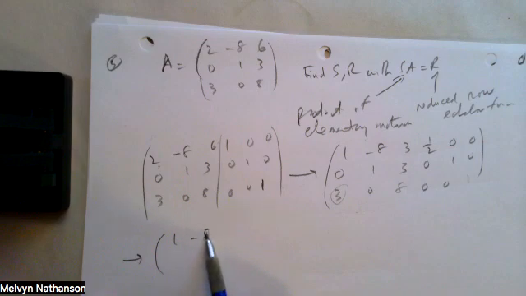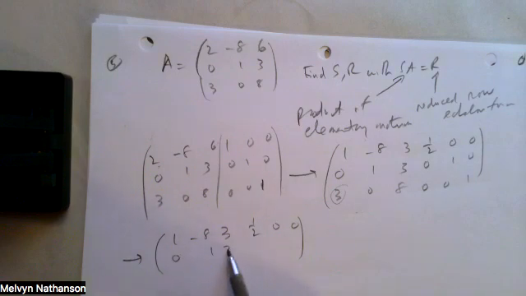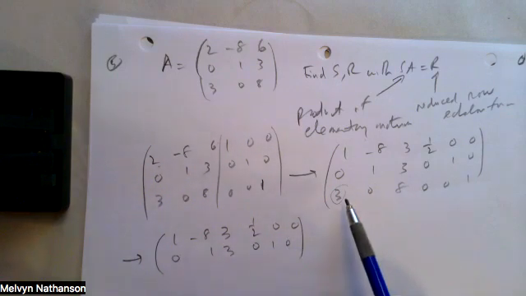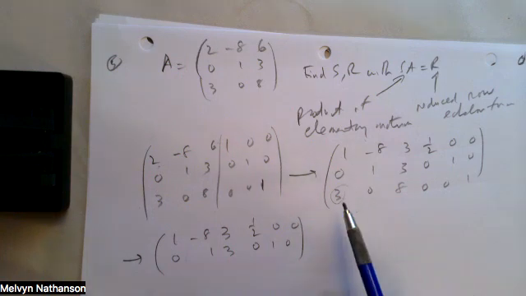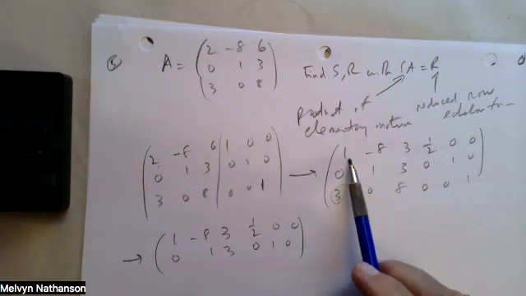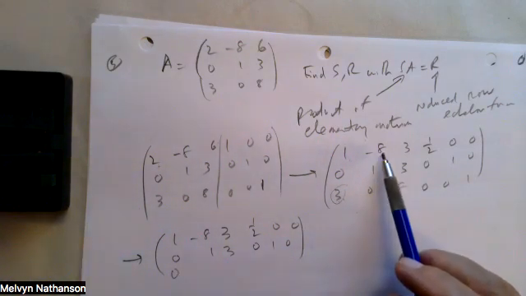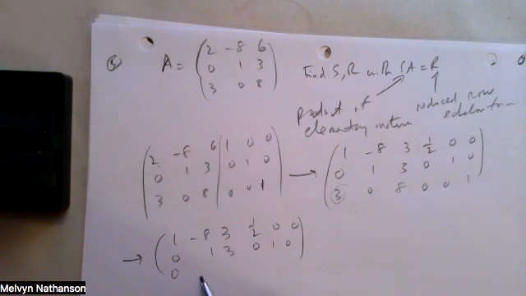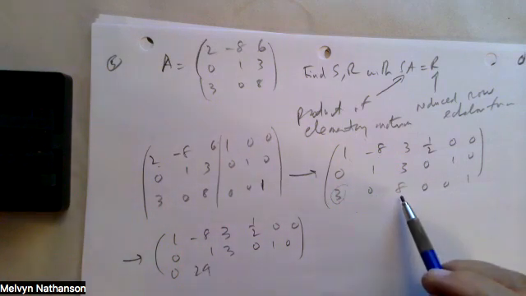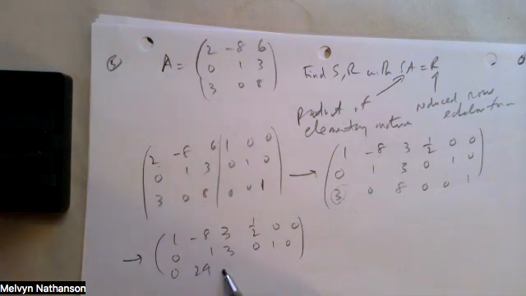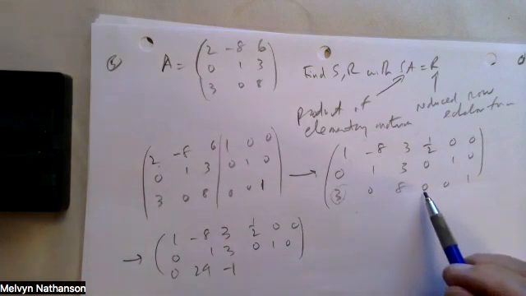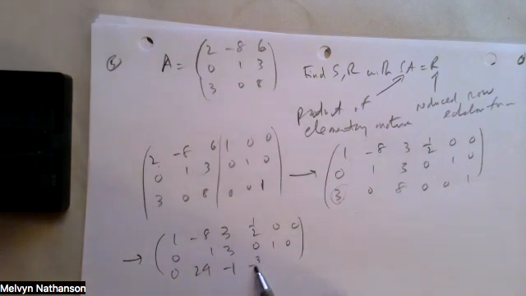So I don't touch the first row or second row yet, but I take the third row minus 3 times the first. 3 minus 3 is 0. Minus 3 times minus 8 is 24. 0 plus 24 is 24. 8 minus 9 is minus 1. 0 minus 3 halves, 0 minus 0, and 1.